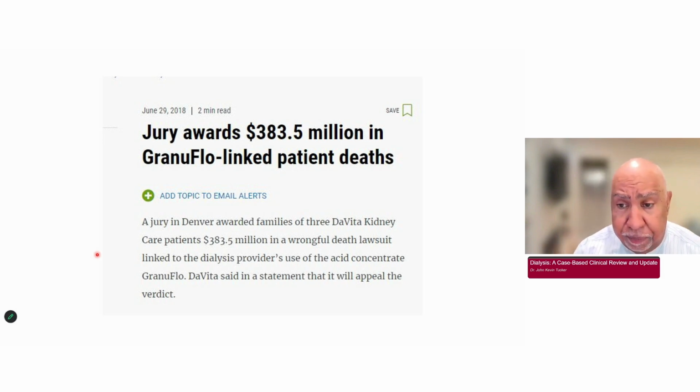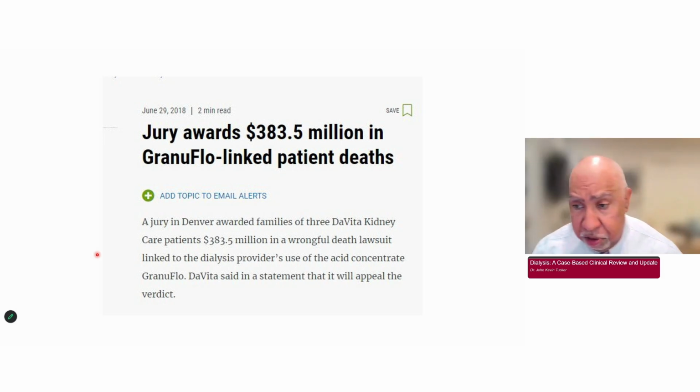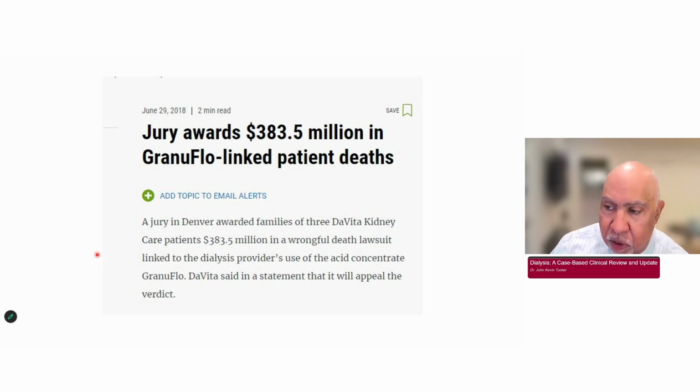We also know that there have been a lot of lawsuits related to use of the product that contains 8 milliequivalents of diacetate. So I think we should all be aware that there may be some risk, particularly in those patients who are malnourished, coming in with pre-existing metabolic alkalosis and hypokalemia.